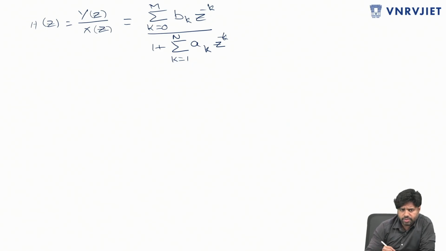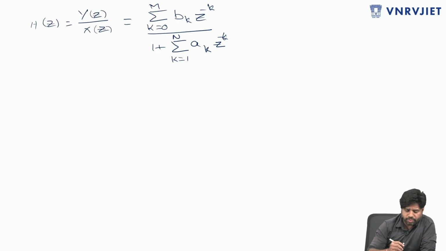So this is the system function representation, and now we will arrange this equation into different possible forms: the direct form 1, form 2, cascade and parallel structures.